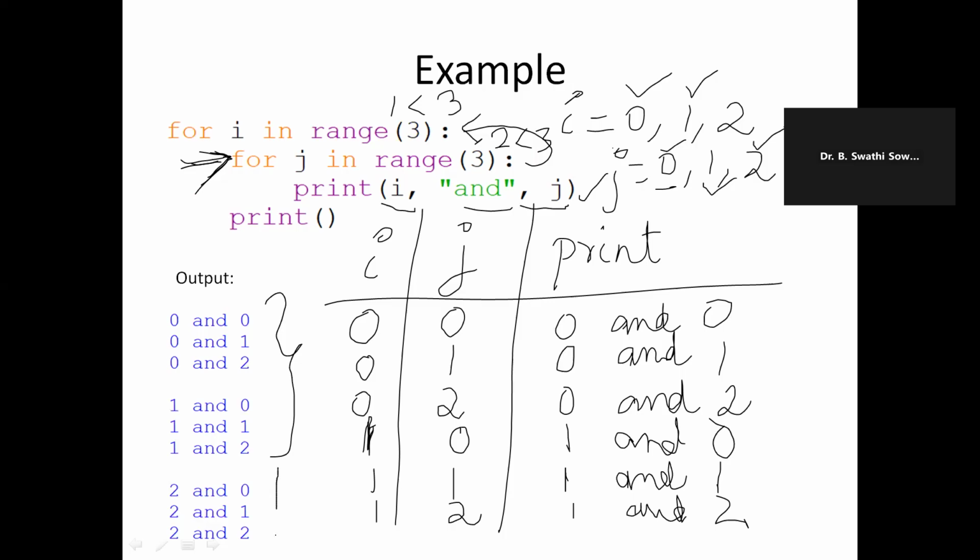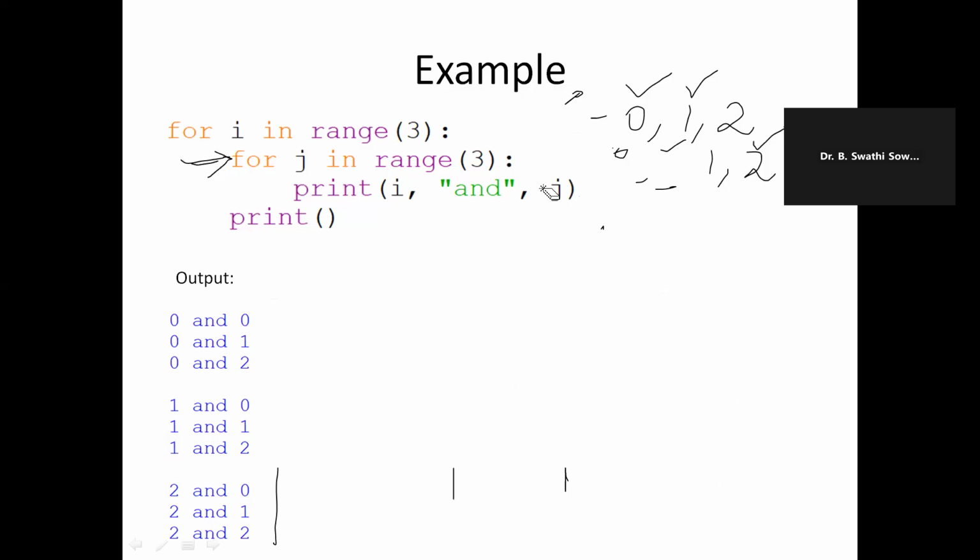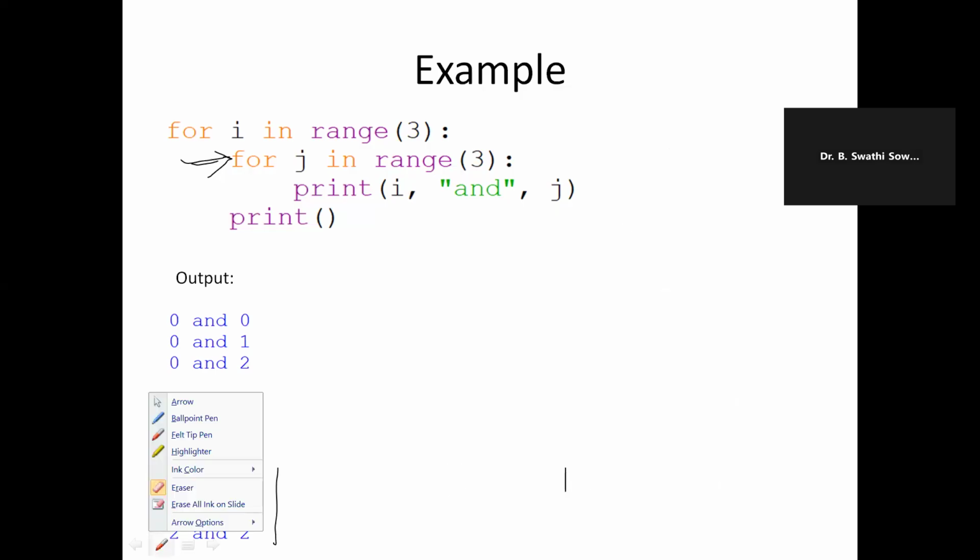Now the remaining execution I am going to explain to you. Till here the explanation is done. For the outer for loop, we have executed for i equal to 0 and 1.